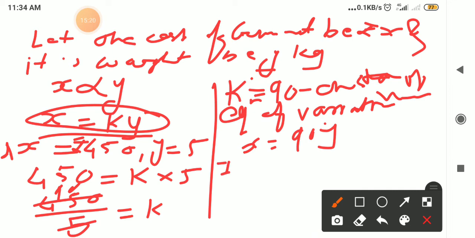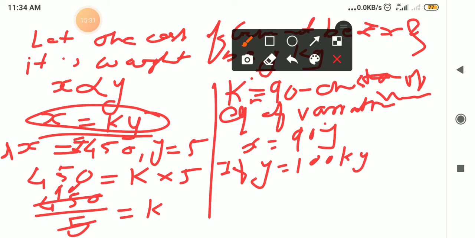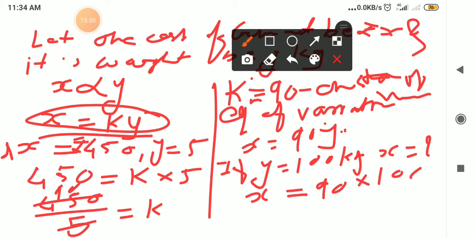Now y is equal to 100, meaning we have to find the cost of 1 quintal, 100 kg. So x is equal to question mark. Put this value in the equation of variation: x = 90 times 100, which is 9000.